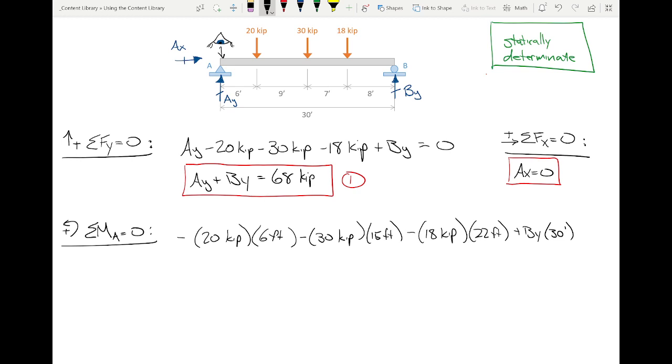How many unknowns do I have in this expression? Just one. No need to break out the Casio FX115 ES Plus. Just write it out. So 20 times 6, 30 times 15, okay, 18 times 22, I'm going to have to look that one up, 396.